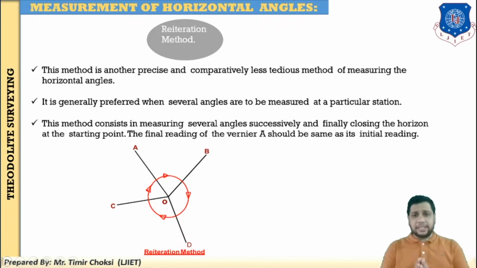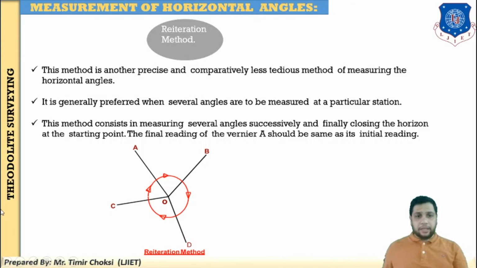But when we need angle AOB, BOC, and angle COD at only one station, we find 3 or 4 angles, so this method is comparatively less tedious for measuring the horizontal angle.